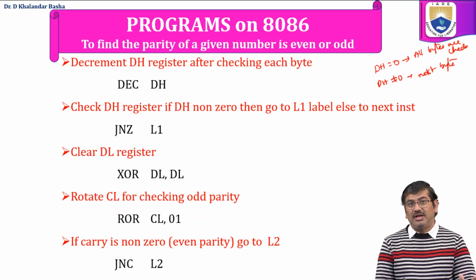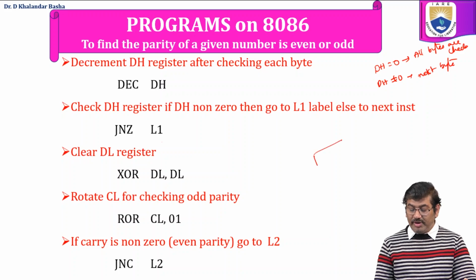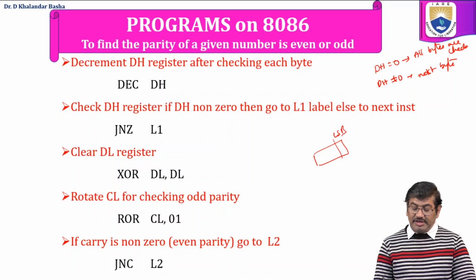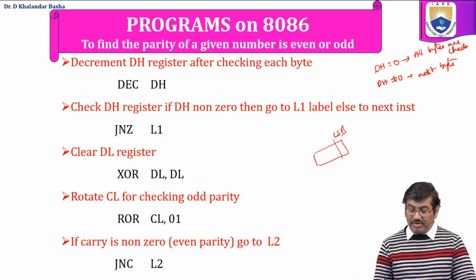Suppose all the data, that is all the bytes, have been checked, then clear the DL register. The contents of the CL register, we are going to check whether it is an even number or odd number by checking the LSB. Just shift or rotate these contents towards the right side by 1 bit. Now this goes to the carry flag.